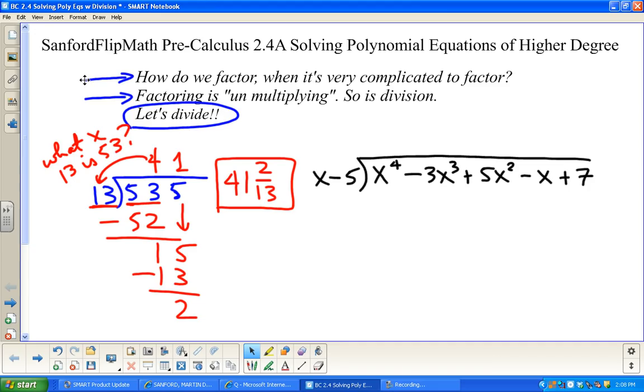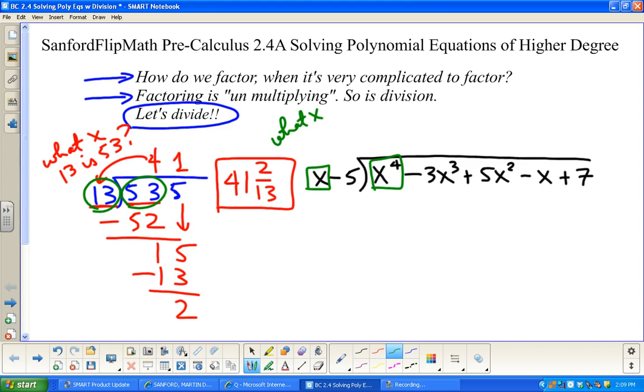It starts out kind of similar. 13 times what is 53? It's just that we're going to look at the front part of this, and the question is what times x is x to the 4th? So we're going to write x cubed, because x to the 3rd times x is x to the 4th.